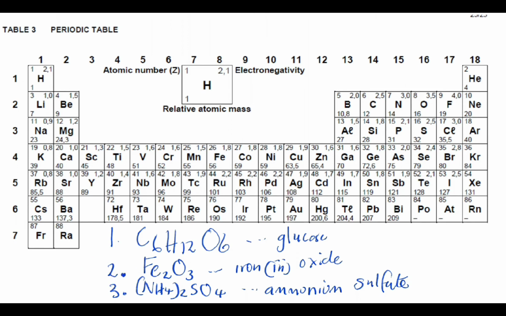Number 3, (NH4)2SO4, ammonium sulfate. Use the periodic table given to perform the calculation. When you're done, press play to see the answers that will be provided at the end. At this time, press pause to continue with your calculation.